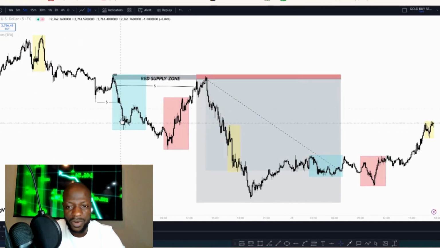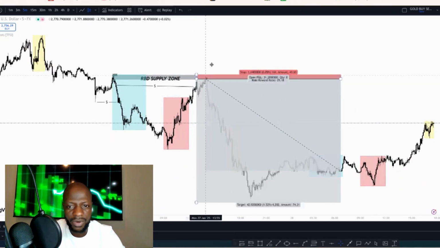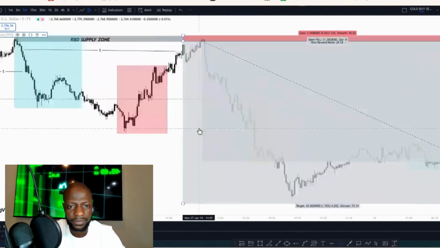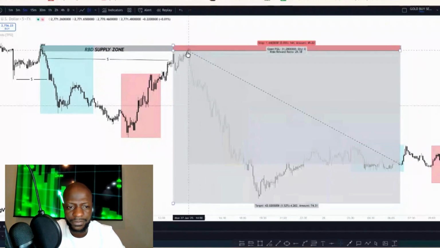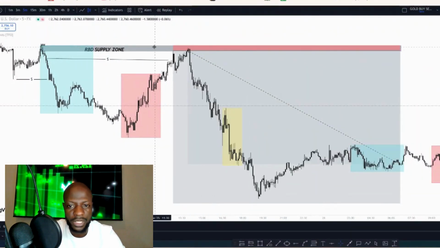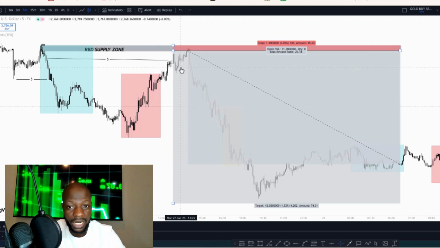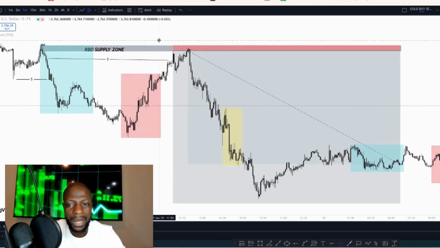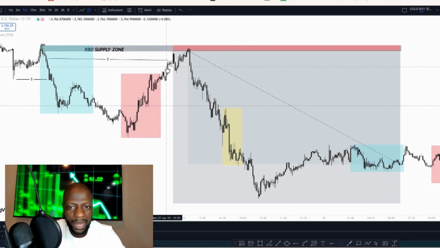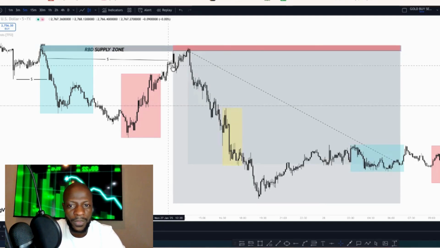So we have a nice ready rally base drop supply zone, we have liquidity right here, and then see what happens here. The market comes and actually taps into this zone, right? Then it drops sharply. And then what happened? The market came and actually broke the low.